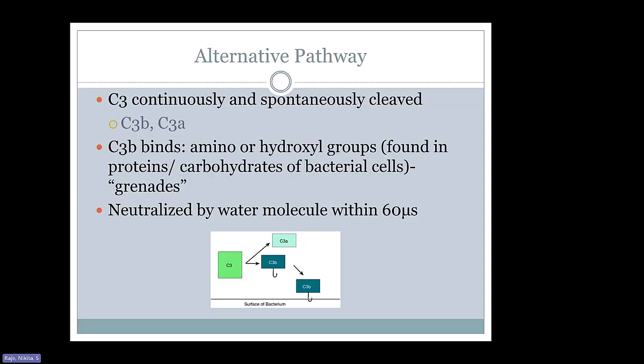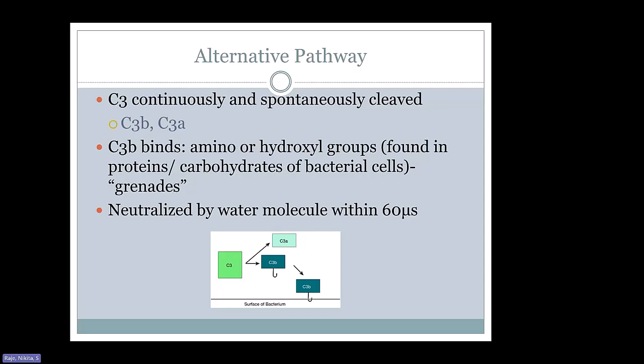So these C3b are like grenades, right? They are falling continuously, and if one comes across an amino or hydroxyl group, it's going to bind to that. But it gets 60 whole microseconds to do this job. So in those 60 microseconds, if it is not able to bind to an amino or hydroxyl group, it's neutralized by a water molecule.